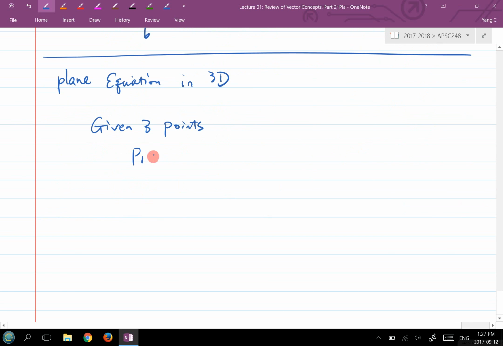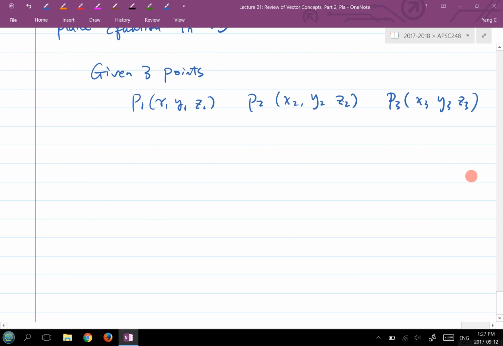P1: x1, y1, z1; P2: x2, y2, z2; and P3: x3, y3, z3. So 3 points in 3D space.